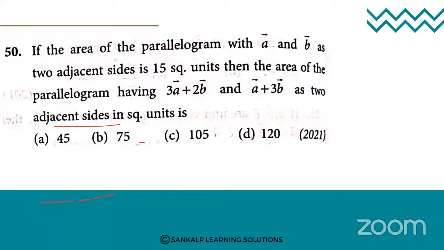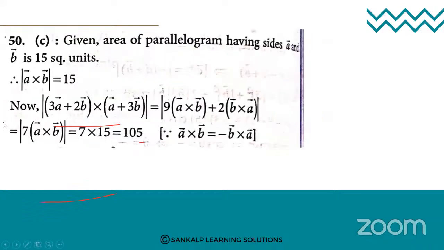When adjacent sides are given, see what we can do. When we simplify, what do we get? First, A cross B is equal to 15, it's given in the question.